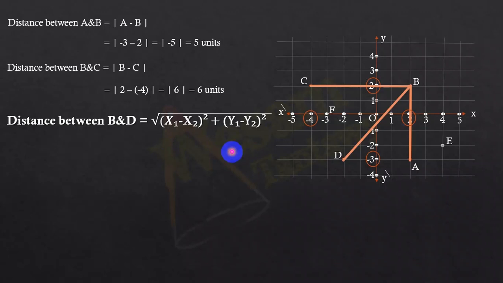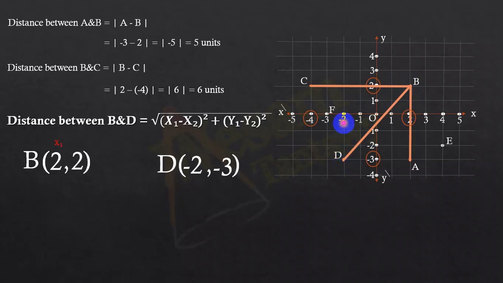First, we need to find the 2 coordinates or the 2 projections of the point, or the ordered pair for each point. The ordered pair for the point B is 2 and 2. The ordered pair of the point D is -2 and -3.